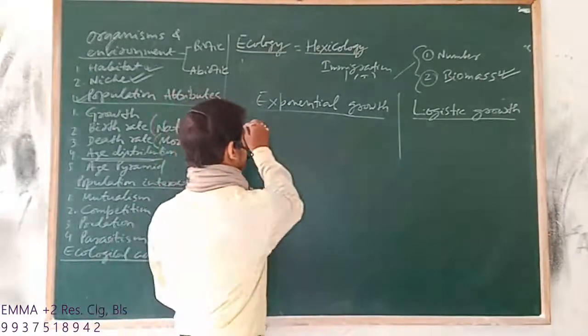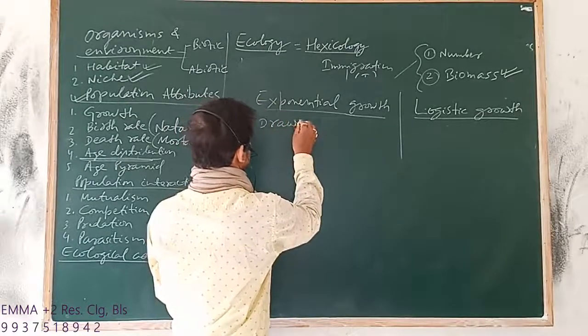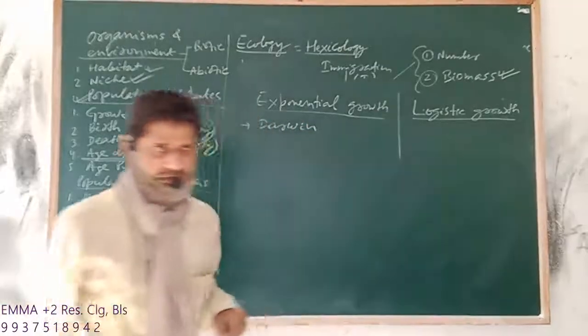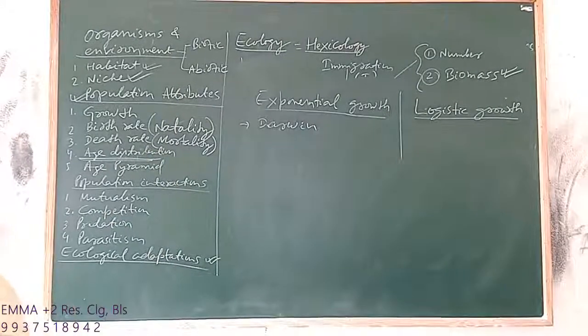So who proposed exponential growth? This model was proposed by Darwin. Charles Robert Darwin, one famous evolutionist who proposed natural selection theory.